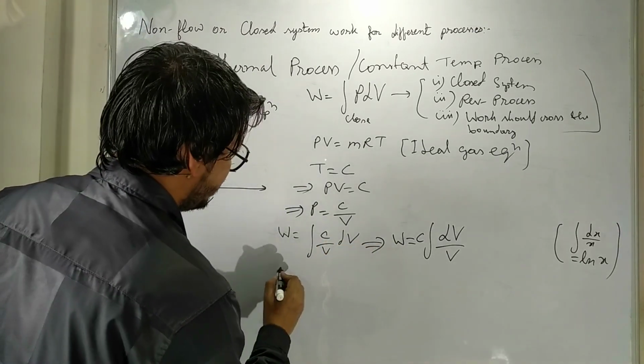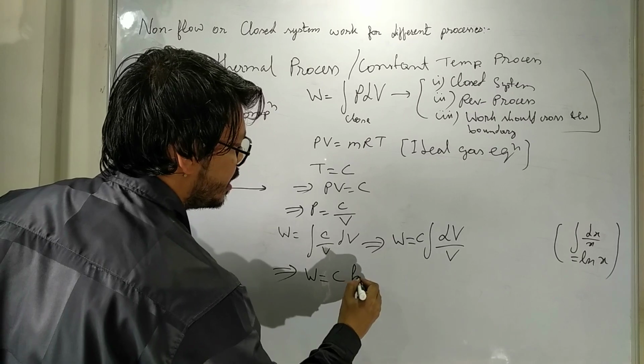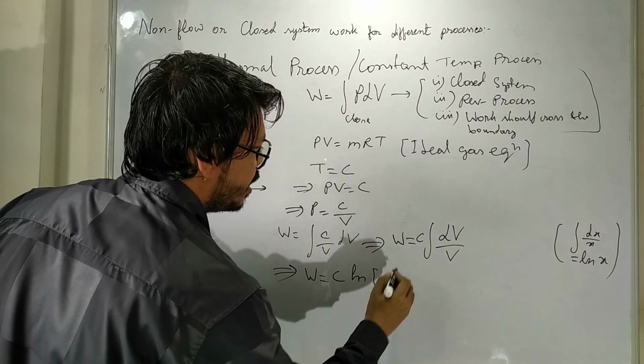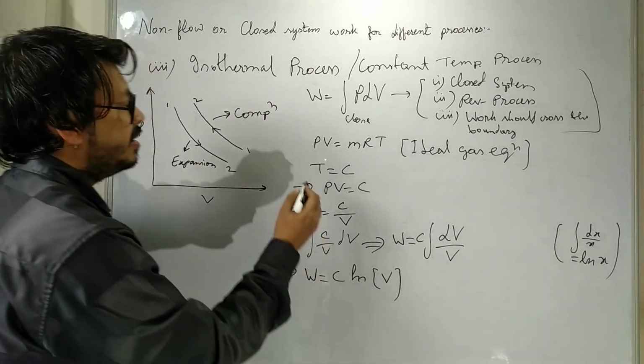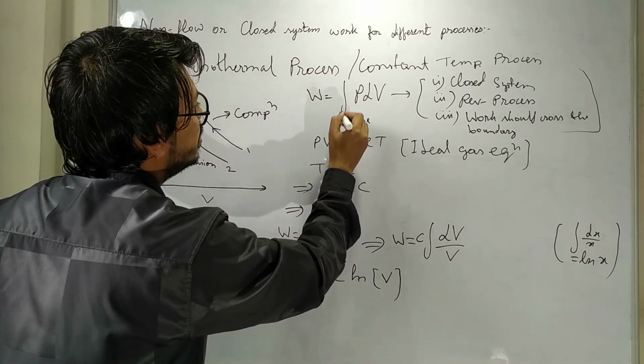So from here we will get work done is equal to C into ln V, and since the process is from 1 to 2, we put the integration limit from 1 to 2.